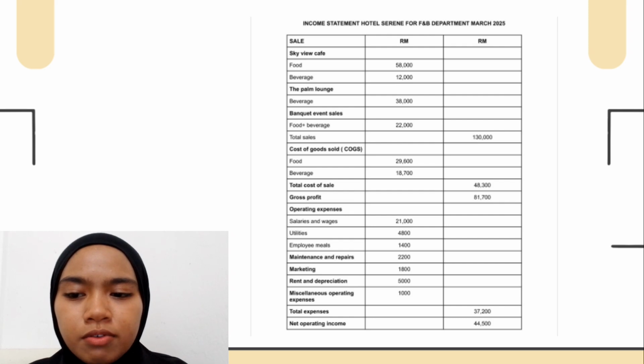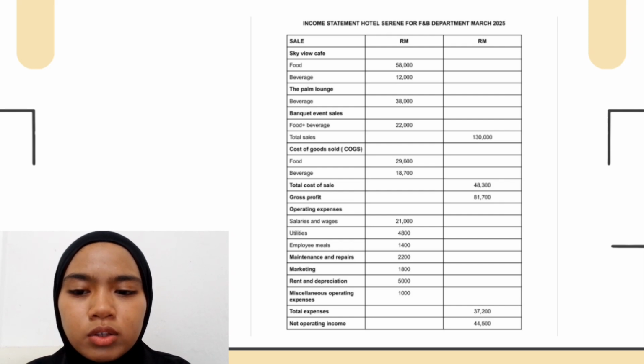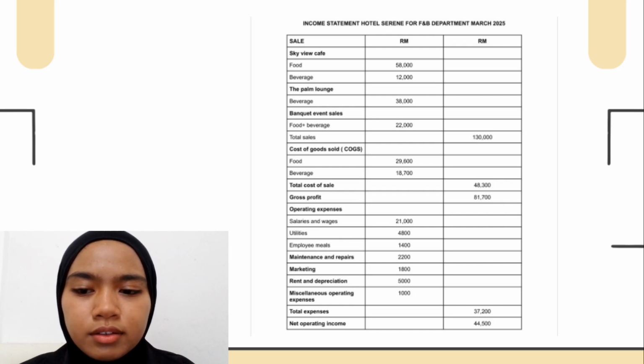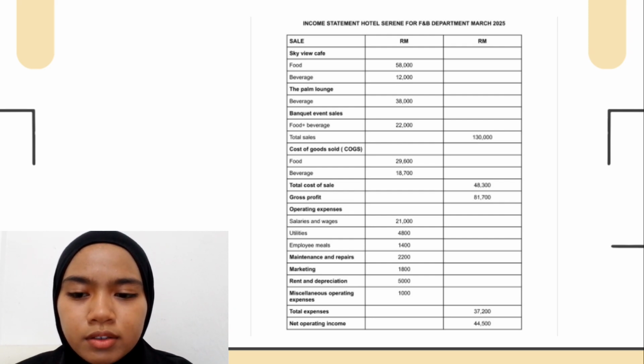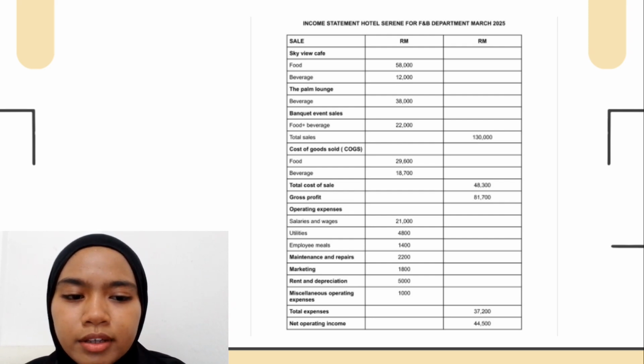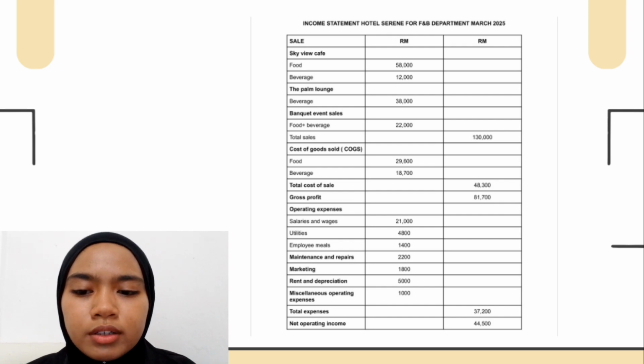Operating expenses: salary and wages is 21,000, utility is 4,800, employee meal is 1,400 and maintenance and repair is 2,200.